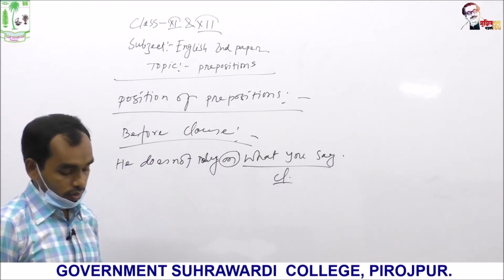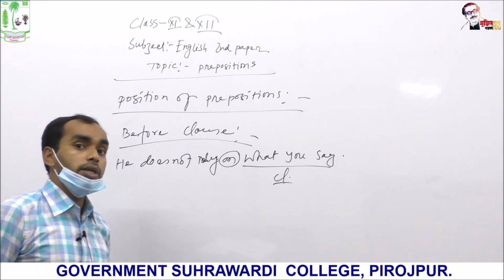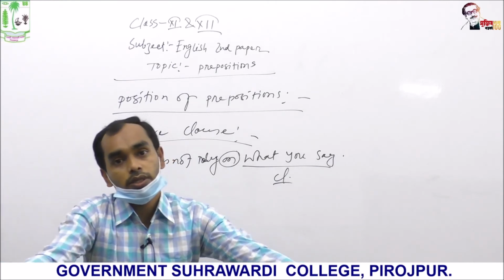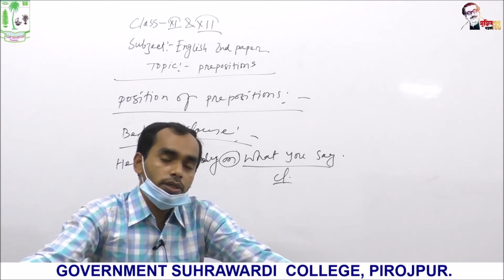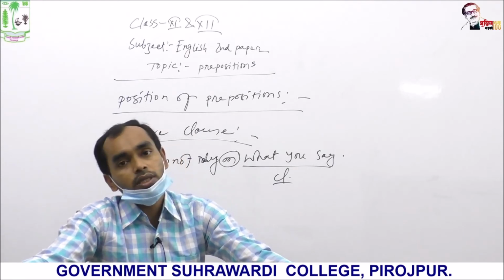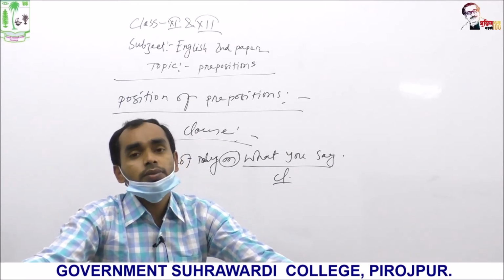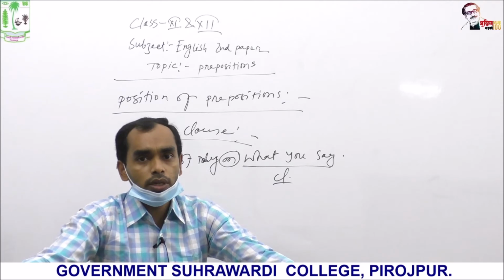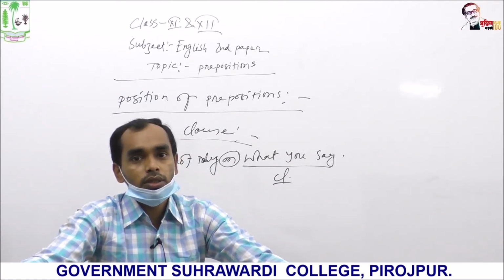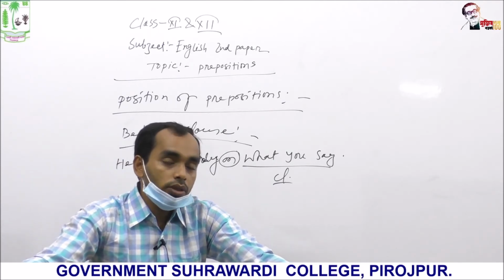And my dear students, my dear learners, you must know the basic difference between a phrase and a clause. What is the basic difference between these two, clause and phrase? Can you mention? Okay, you are right.